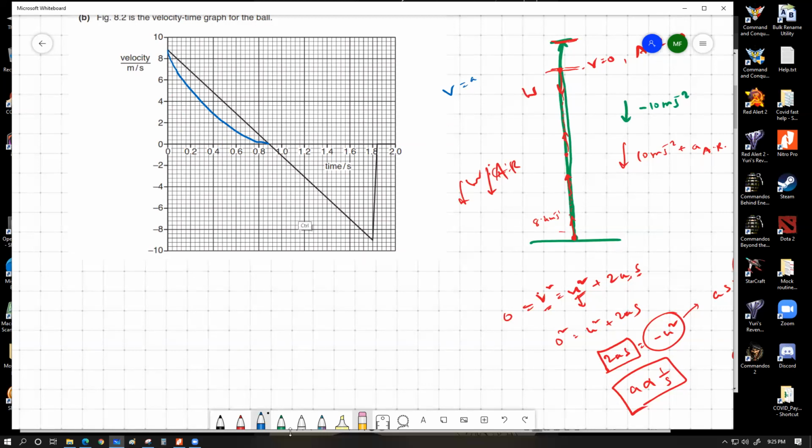So actually, I think this graph should be a decreasing gradient negative curve, which should cross the axis a bit earlier, because it shouldn't be traveling for as long when the air resistance is working.